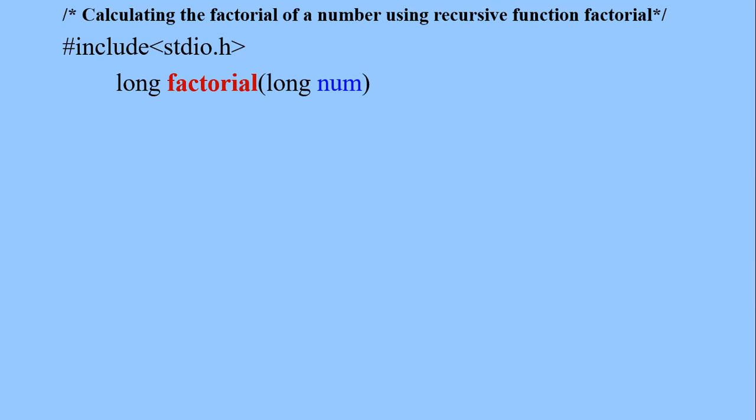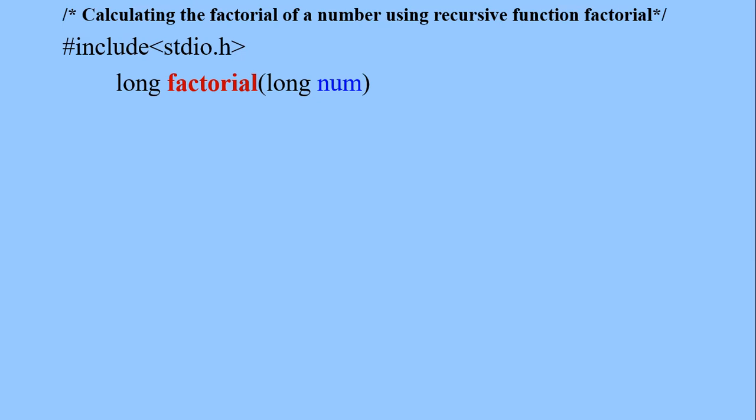So whatever value it receives, which is of type long, will be stored temporarily in the memory location we are calling num. So num is a local variable to the function called Factorio. It is a formal parameter.